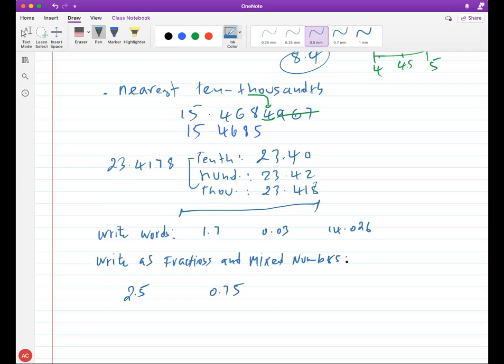Reduce if possible. Okay, reduce. Reduce when it is possible.